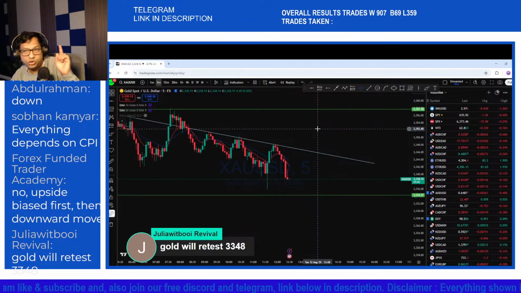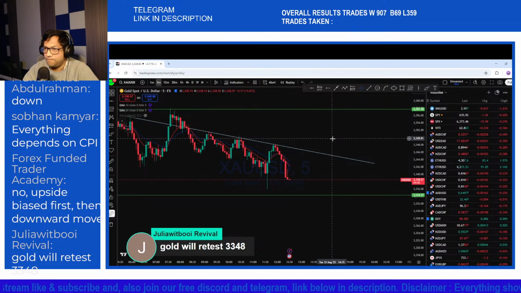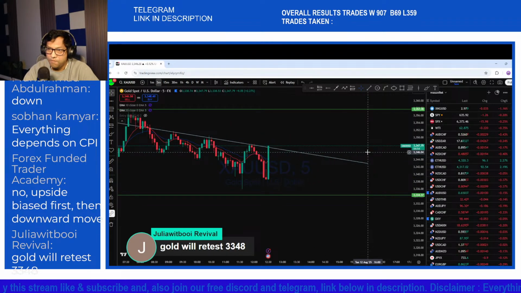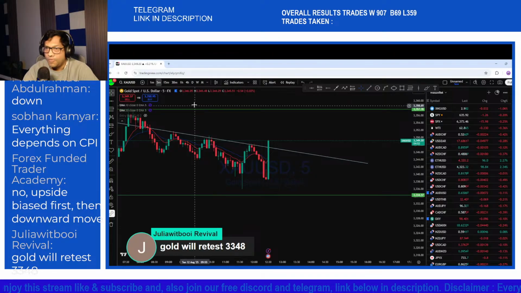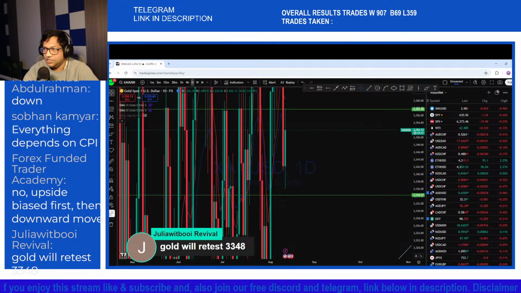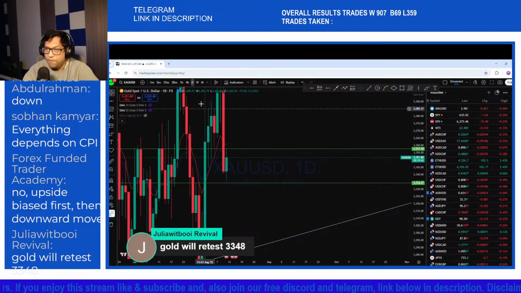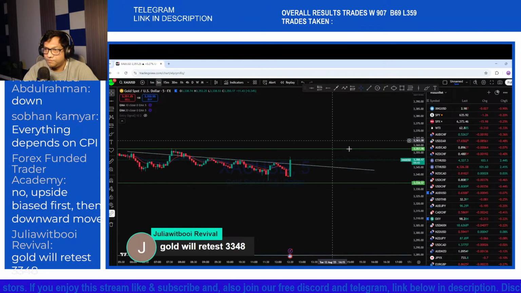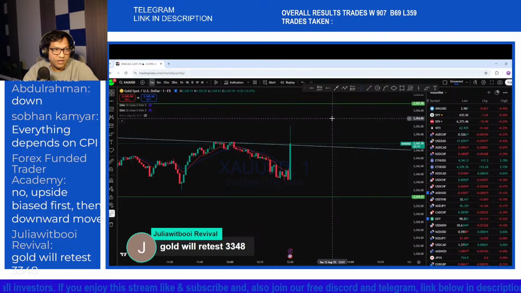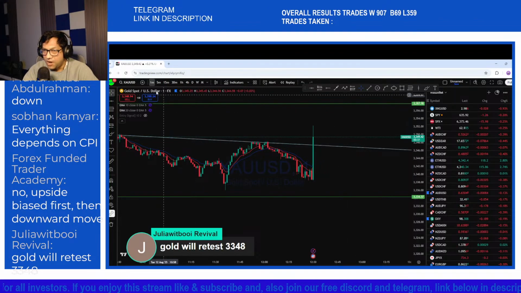Before you look at the data, you will see the move in the market, and that's what's happening. It's going back to the upside. Now let's see if it is getting a rejection here. It moved back to the upside here. As I mentioned earlier, there is a spike up.